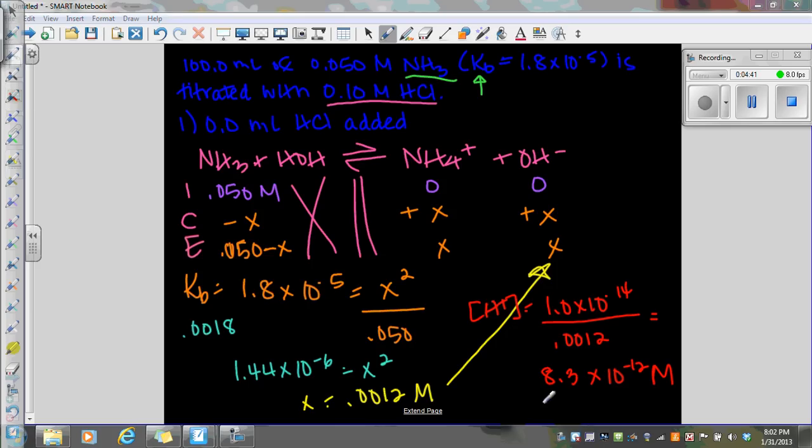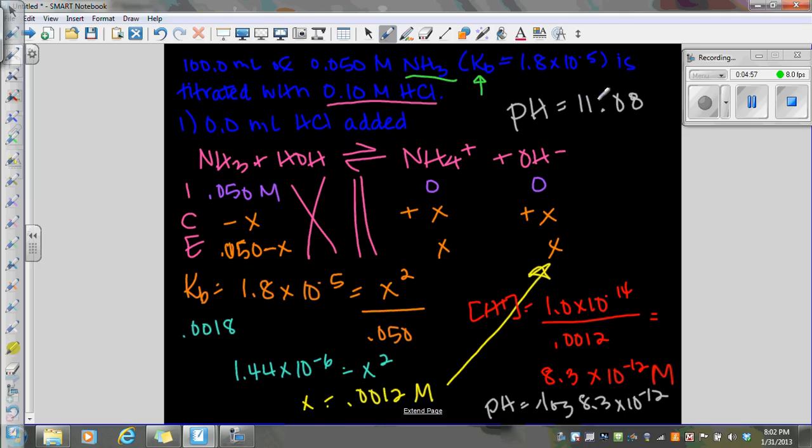To get pH, we do negative log of that number. And our pH is equal to 11.08.